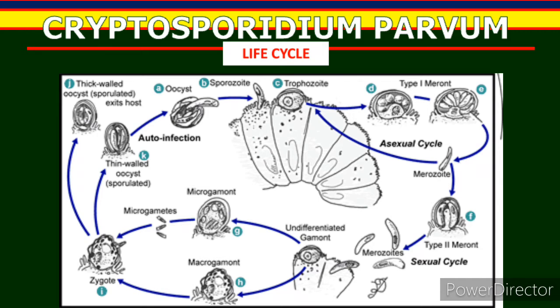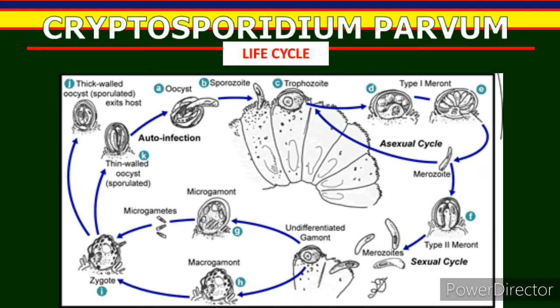These sporozoites parasitize epithelial cells of the gastrointestinal tract and other tissues such as the respiratory tract. In these cells, the parasites undergo asexual multiplication, which is called schizogony or merogony, and then sexual multiplication, which is called gametogony, producing microgametes for male and macrogametes for female.